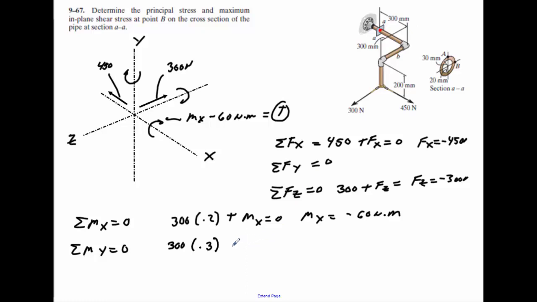The 300 is going to cause it to move this way around the y-axis, and then we're going to have the 450 times the 0.3 going back the other way, so we need to make that. So be careful with the signs, that's all.